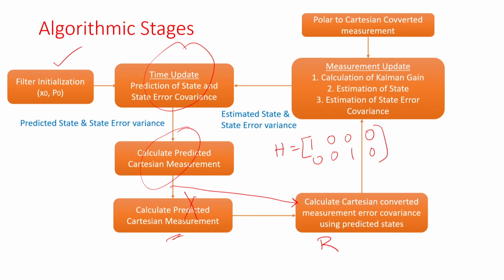P times H transpose is your output covariance. The innovation error covariance is H P H transpose plus R. H you know, P you know, R you have calculated here, so you can get your Kalman gain. Now update your state estimate and your state error covariance. And then your cycle repeats.